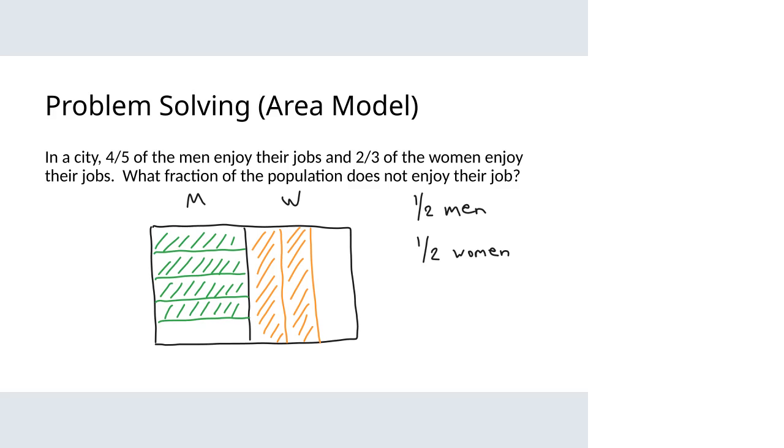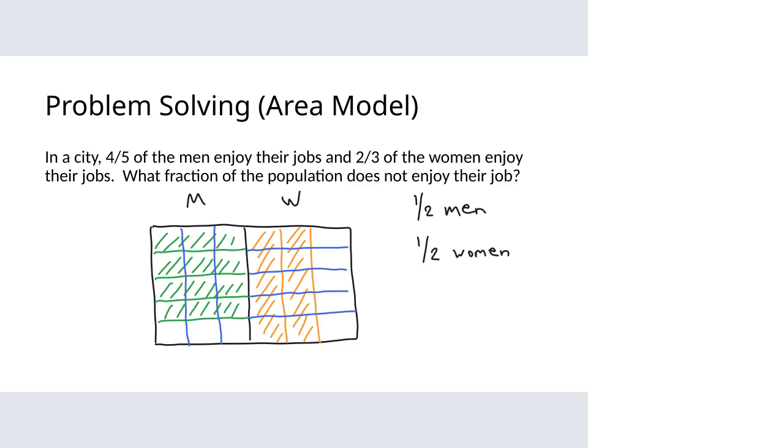So in a problem like this one, if you cut the men with horizontal lines, then cut the women with vertical lines. Because what that allows us to do next is, all right, I cut the women's side into thirds. You know what? I'm also going to cut the men's side into thirds. And I cut the men's side into fifths. I'm also going to continue those lines over here to cut the women's side into fifths.